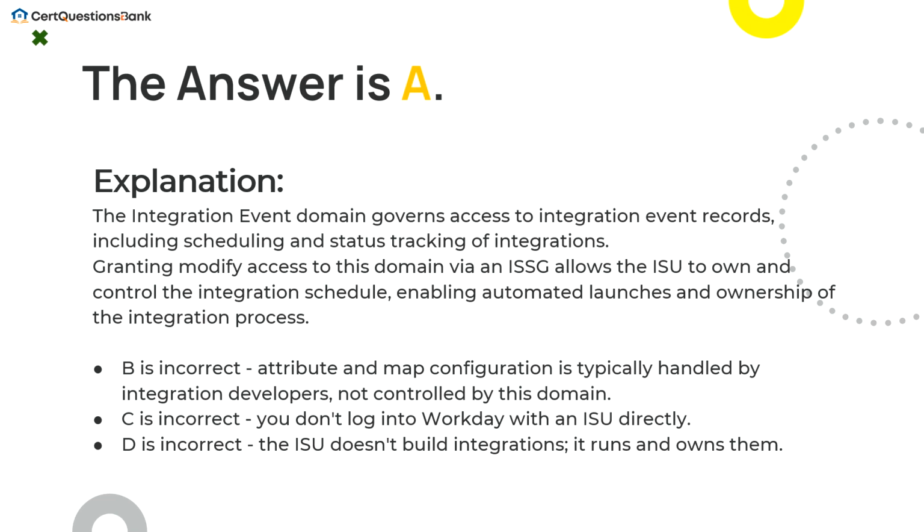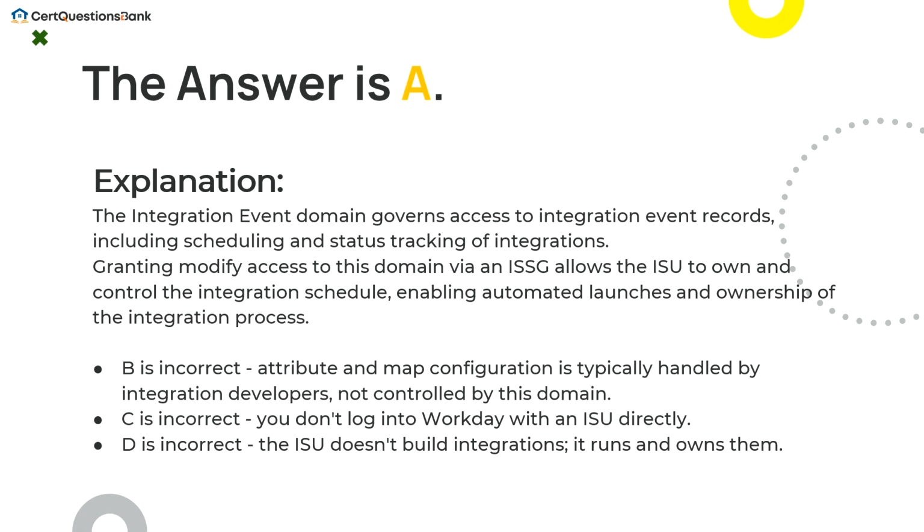The answer is A. The integration event domain governs access to integration event records, including scheduling and status tracking of integrations. Granting modify access to this domain via an ISSG allows the ISU to own and control the integration schedule, enabling automated launches and ownership of the integration process.